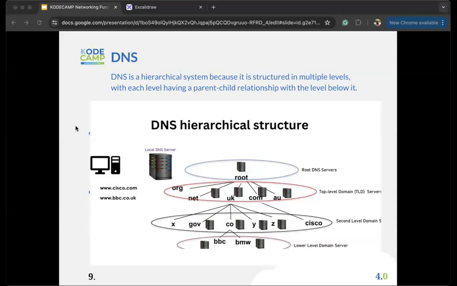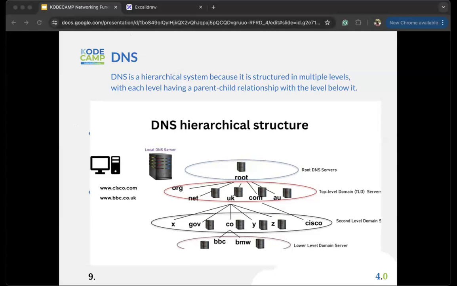And the translation then happens between these various levels, right? So using these various levels of this hierarchy, let's try and understand how the domain name system works.